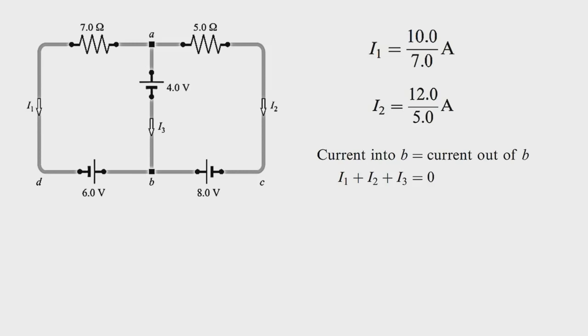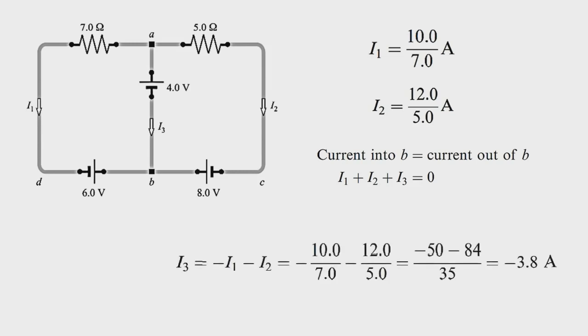Going back to the first Kirchhoff's node rule, I1 plus I2 plus I3 should be equal to 0. So we are going to substitute I1 and I2. Assuming that if we are going to transpose I1 and I2 to the other side, we will be able to solve for I3. And I3 is equal to negative I1 minus I2.